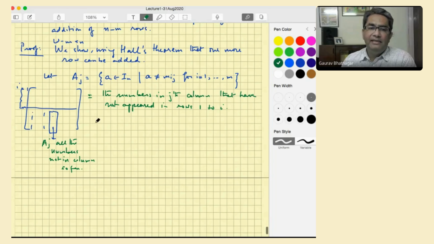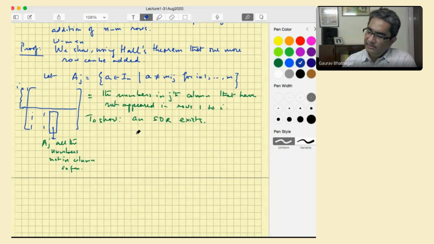And the idea is we need to show an SDR exists. Once an SDR exists, we just place A1, A2, A3, whatever over here, and then we are done. So how do you show that an SDR exists?